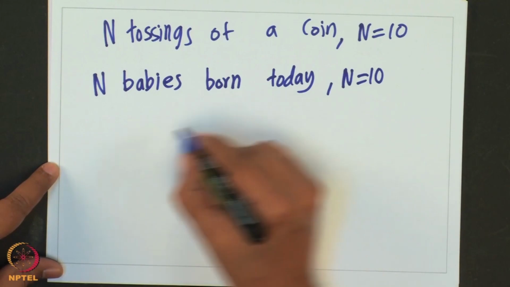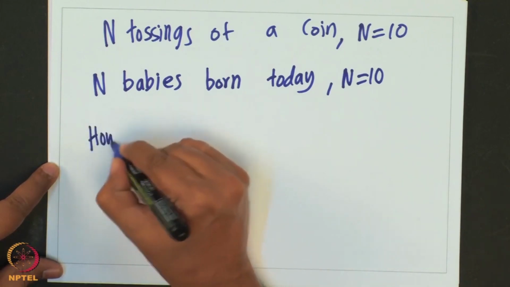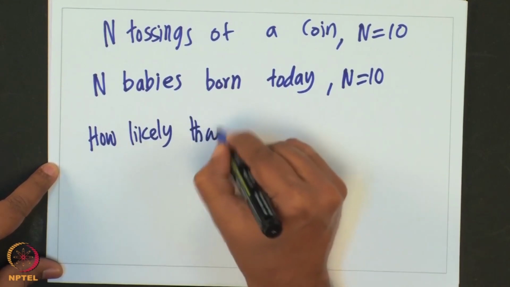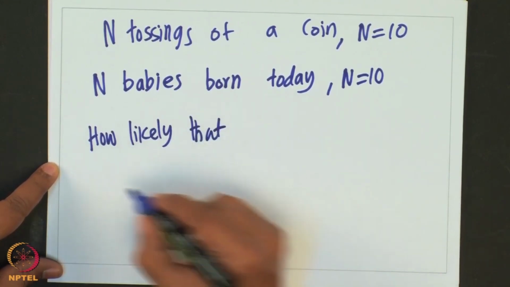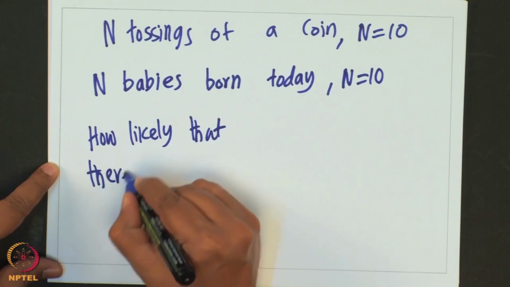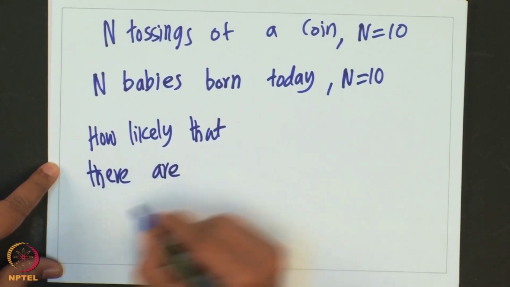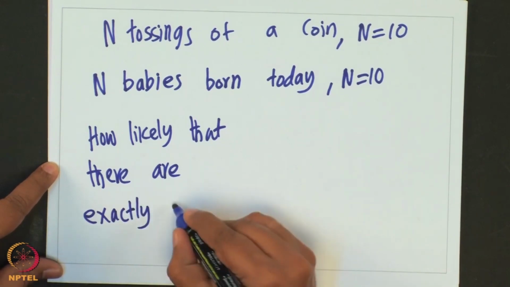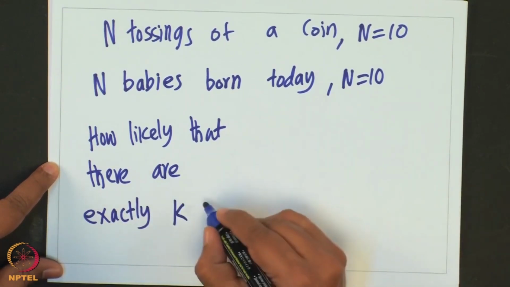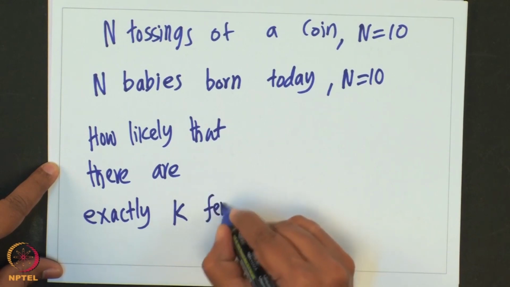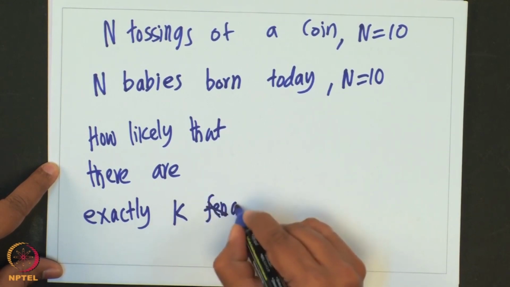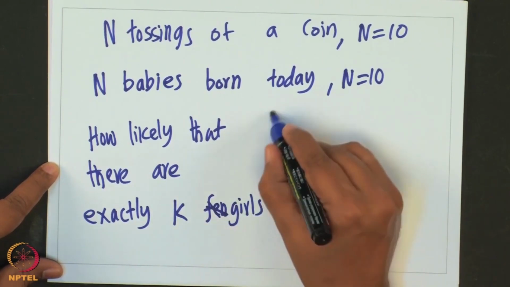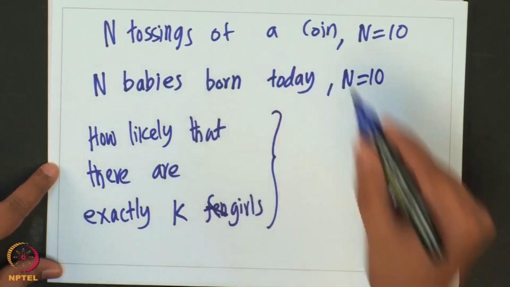The question we would answer here is how likely, what is the probability, that there are exactly k female babies, k girls, or k heads in the case of a toss.